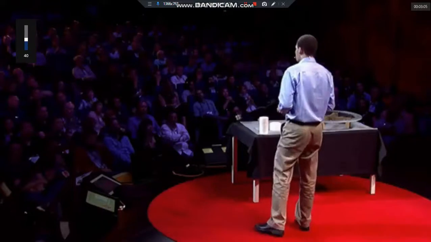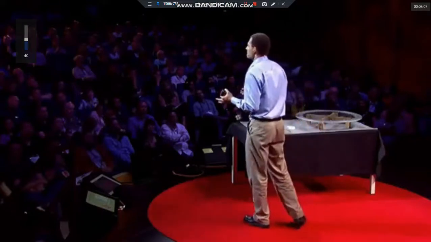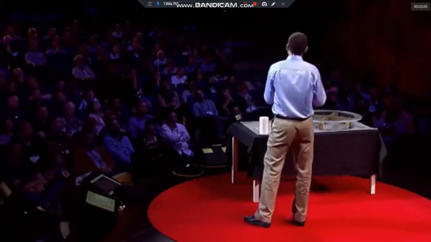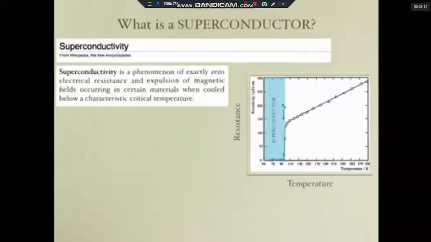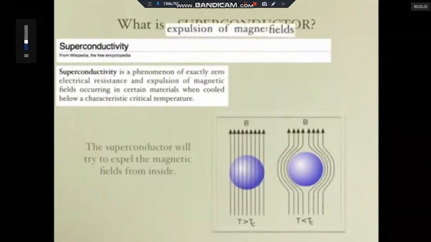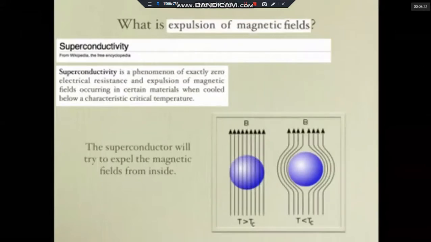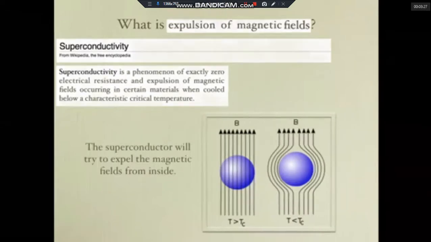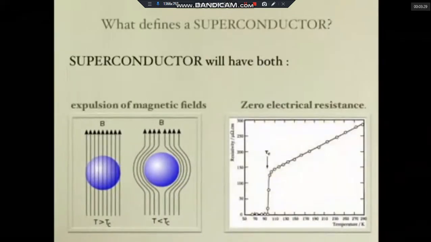But that's not all, because superconductors don't like magnetic fields. So a superconductor will try to expel magnetic fields from the inside. And it has the means to do that by circulating currents. Now, the combination of both effects, the expulsion of magnetic fields and zero electrical resistance, is exactly a superconductor.